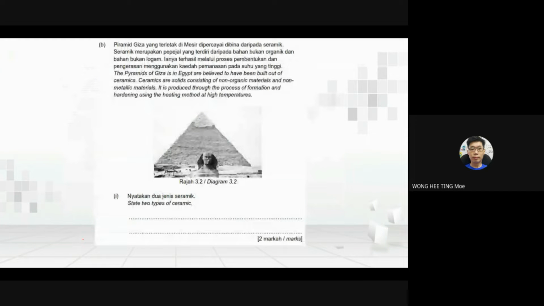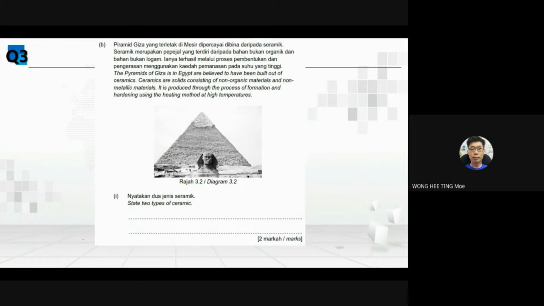Now, the pyramids of Giza in Egypt are believed to have been built out of ceramic. Ceramics are solids consisting of non-organic and non-metallic materials, produced through the process of formation and hardening using heating at high temperatures. There are two types of ceramic.